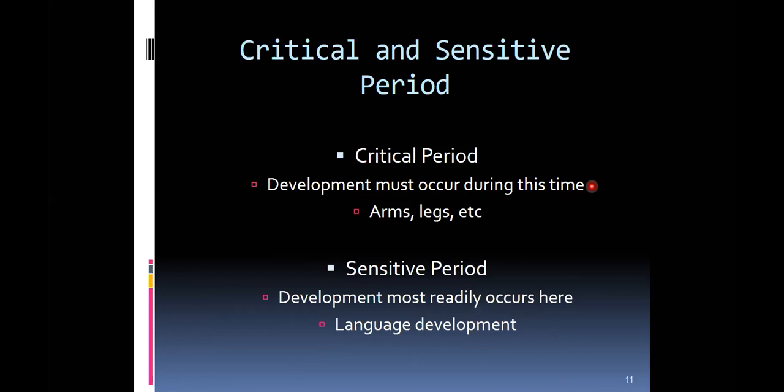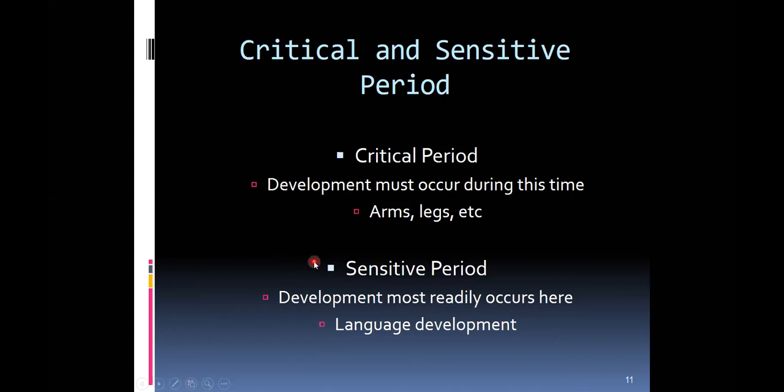Okay, such as there are certain periods of time prenatally, in other words, before the person is born, where arms or legs must begin to develop. If they do not begin developing during that time window, then they do not develop at all. Okay, so critical period, extremely important for development.